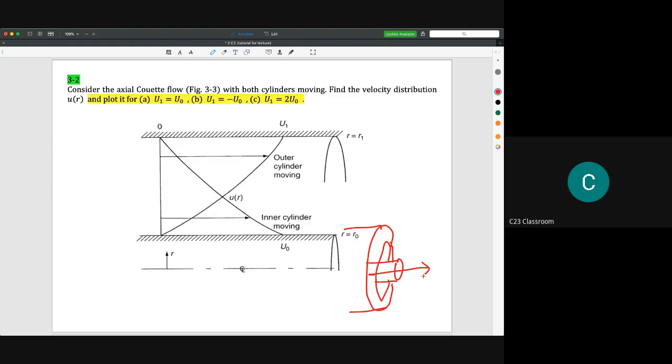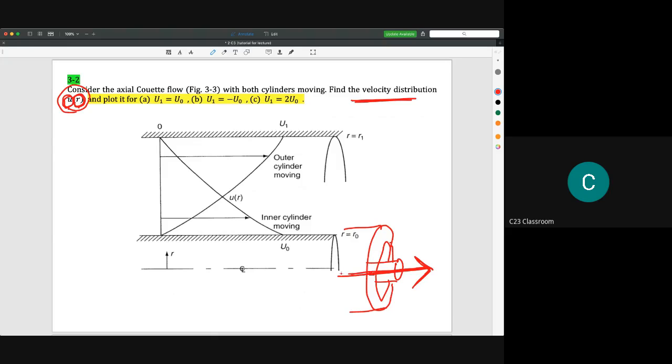The question asks to find the velocity distribution of U_z. Here, please use your creativity to understand the question. The question asks you to find the velocity distribution of U, the velocity of U in the Z direction, because the application must work for the Z axis here.